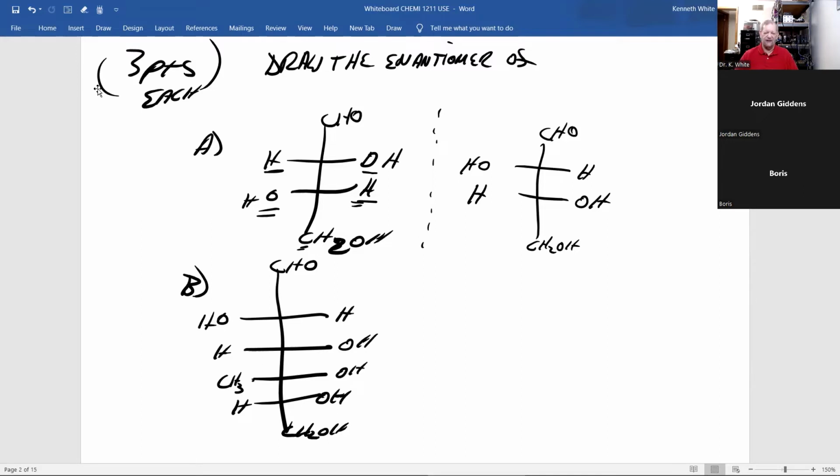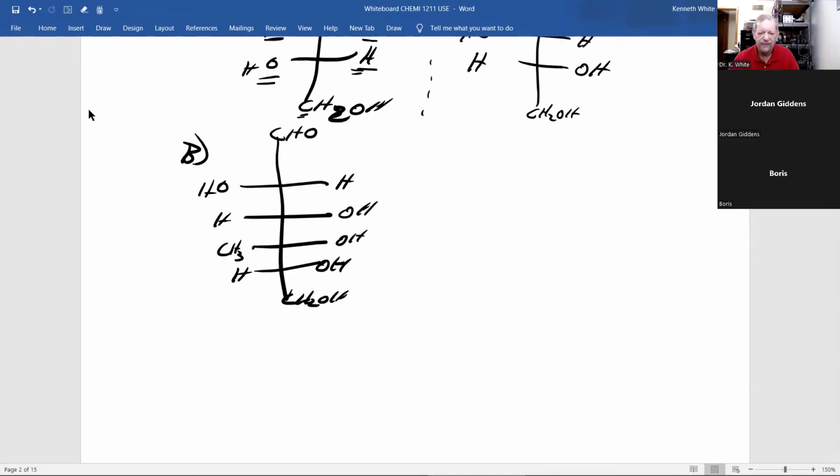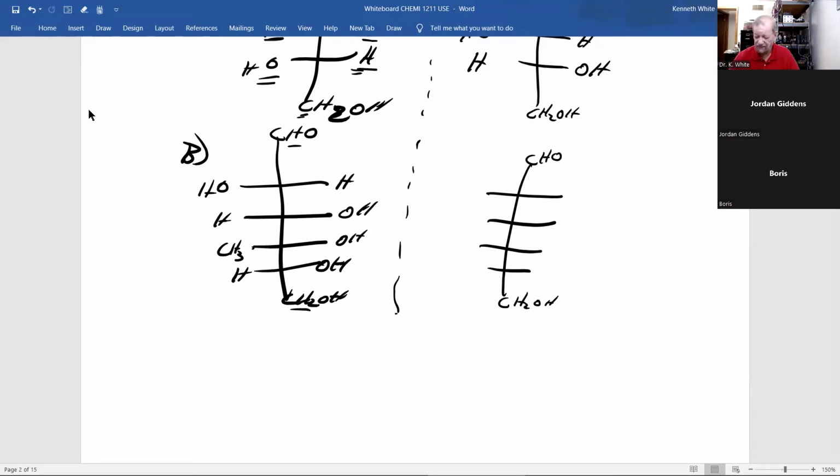Oh, let's try B now. Here's my mirror. I have the 4 carbons here. Top, I still have an aldehyde, so I'll write it like that. This is CH2OH. It's achiral, so I don't have to worry about the mirror. And now let's look at this hydrogen. It's close to the mirror. What's farthest away on that carbon? Right here, the hydroxyl group.